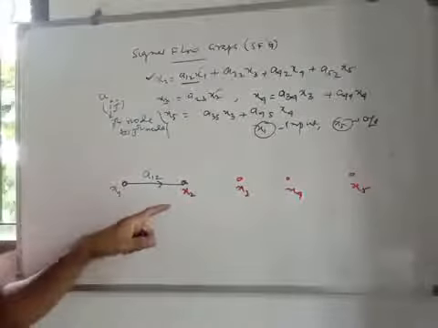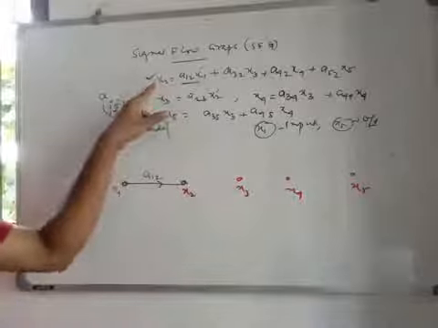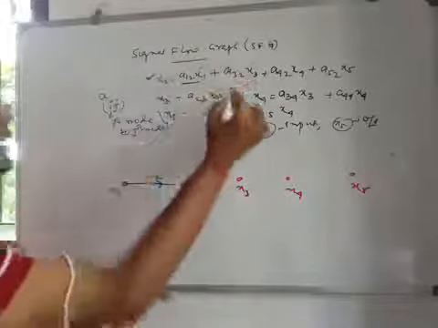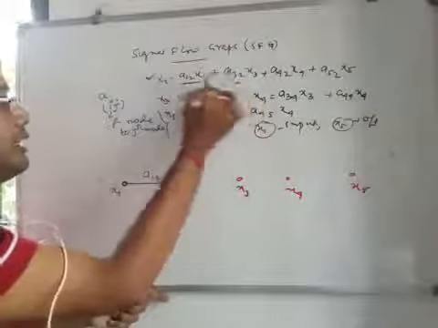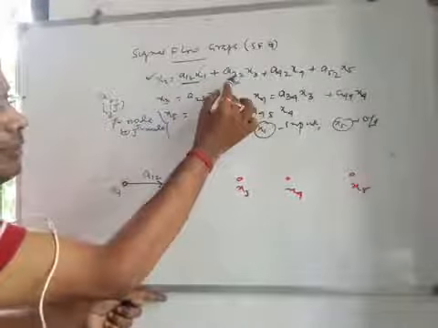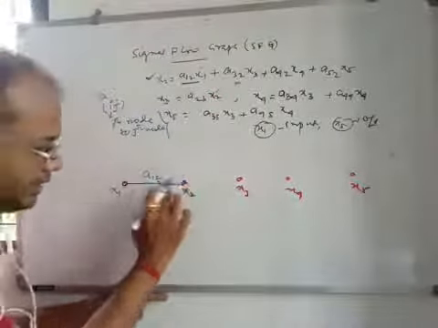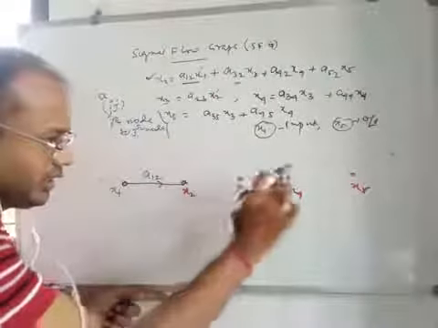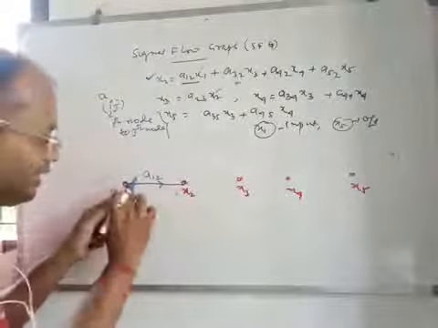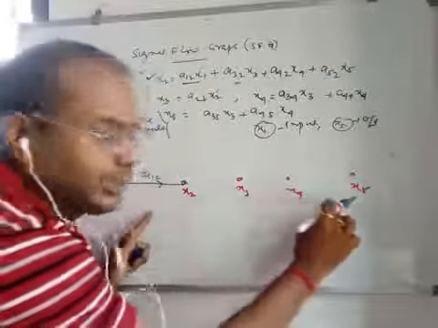Similarly, we can just write down all the equations. Like x2 is again a32 x3. a32 x3 means x2 and x3 are related by path a32, and 32 means the signal is coming from node 3 to 2. As this is a straight line we are considering, the signal may be going from x1 to x2 to x3 to x4 to x5 in a single direction.